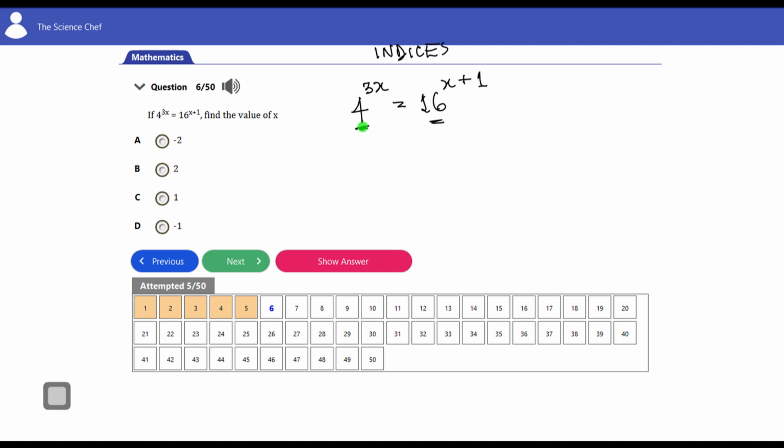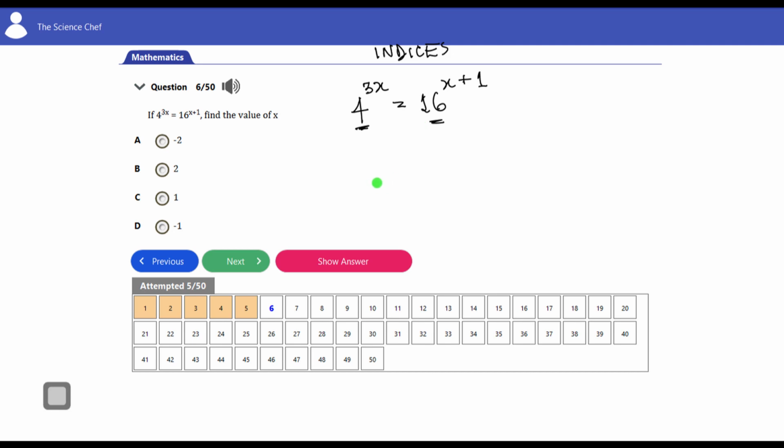So here is 4 and here is 16. Is there any way we can express 16 in terms of base 4? Is there any way we can raise 4 to a certain power to give us 16? Yes. 4 raised to the power 2 gives us 16.